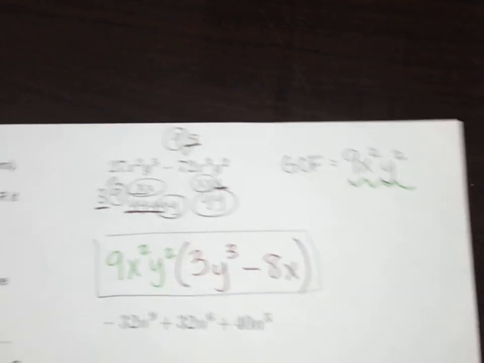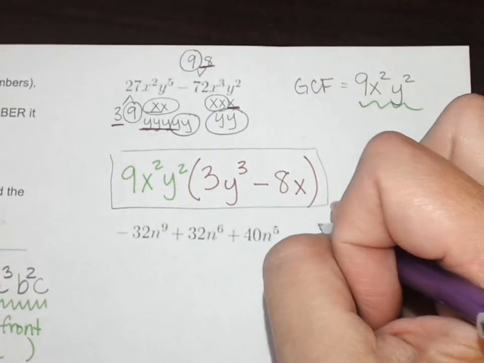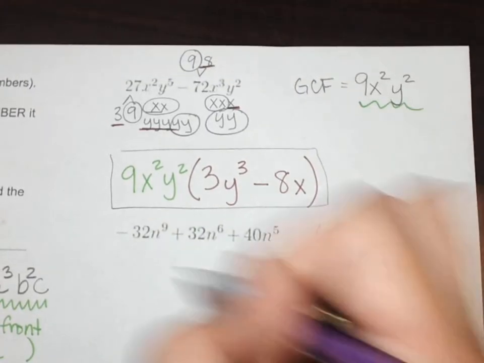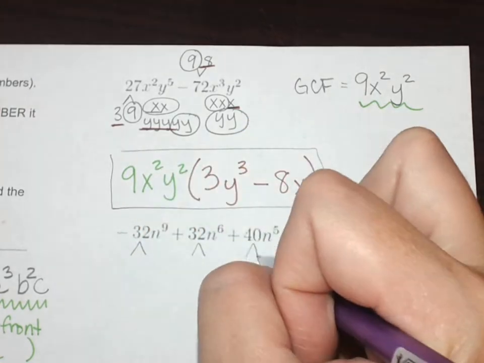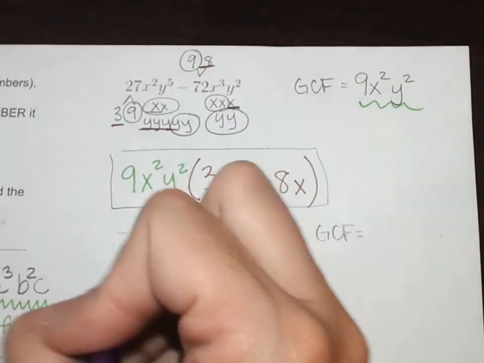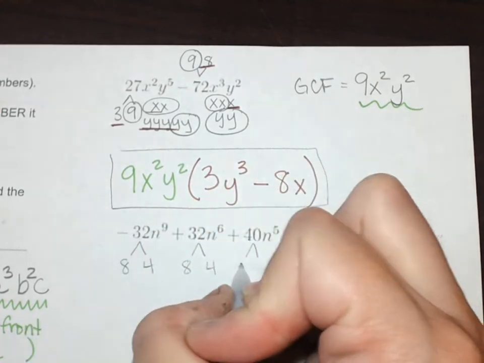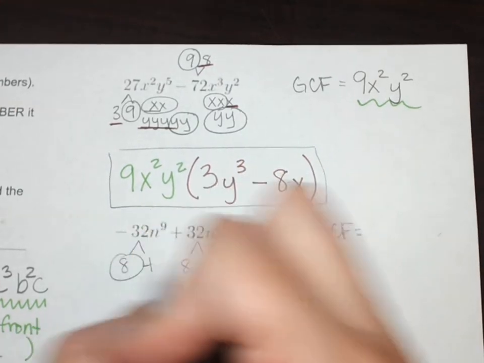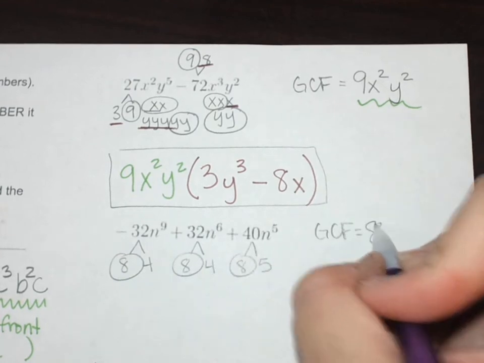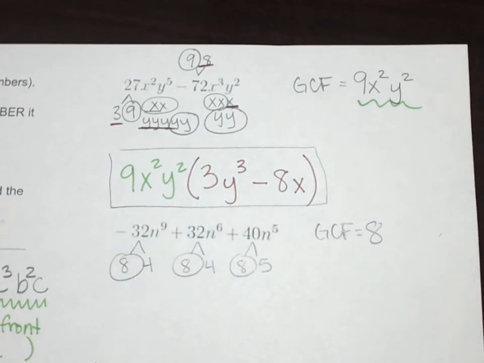Let's look at the next one. We need a GCF. Let's see, 32, 32, and 40. So 32 will give you, let's see, 8 and 4, 8 and 4, and how about 8 and 5? So there's a maximum of 8 in my coefficients. Now, I am not drawing out 9 n's, so I'm going to switch over and use my exponent rules here.